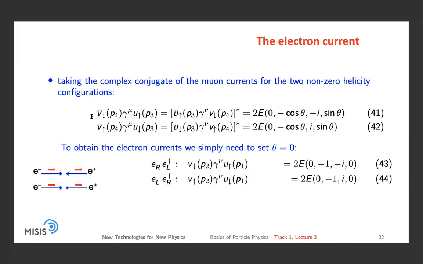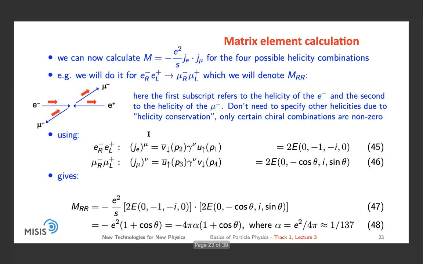Therefore, we take our result for the muon current and get directly the answer for the electron current. Okay, it's extremely quick, but this math is not something which I think needs a lot of attention in this discussion.